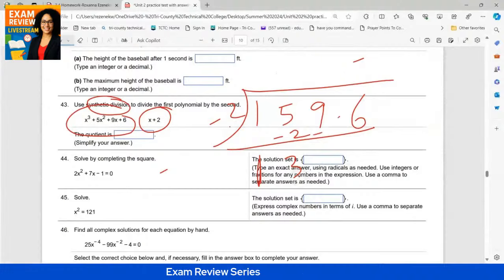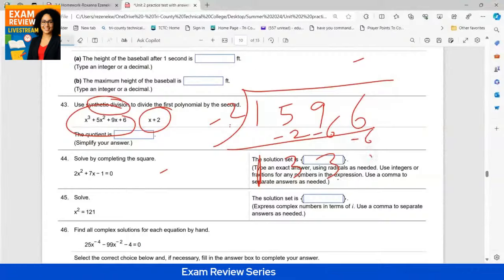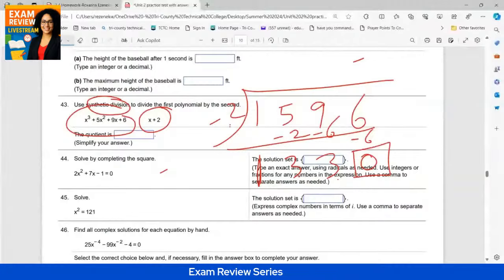Add that -6 here. 9 plus -6 is 3. -2 times 3 is -6. Add that -6 here, and if you add it up, you see 0. So the remainder is 0. Therefore, -2 is one of the solutions, and x plus 2 is a factor.